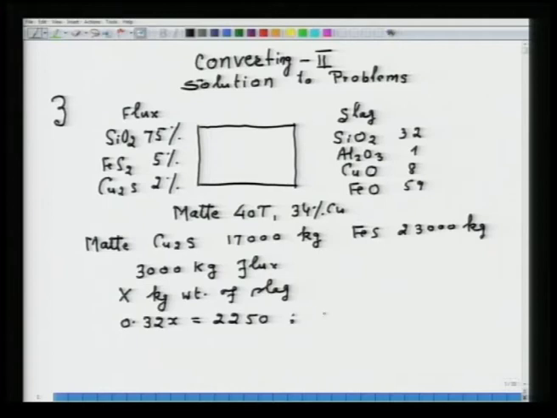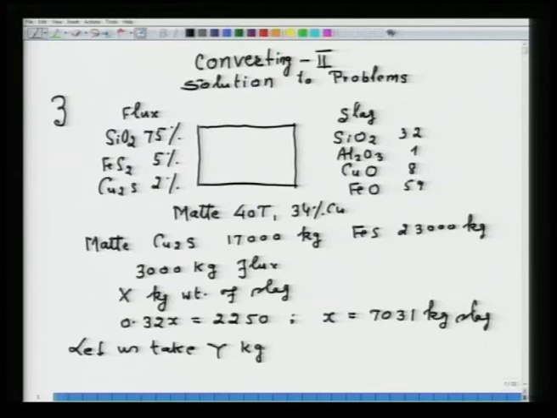So, from here we get x equal to 7031 kg, which is the amount of slag. Now, let us take y kg FeS of matte, it oxidizes to FeO in one blow.